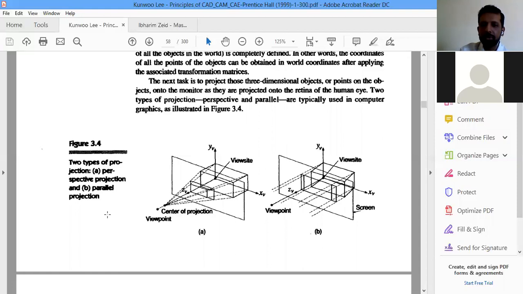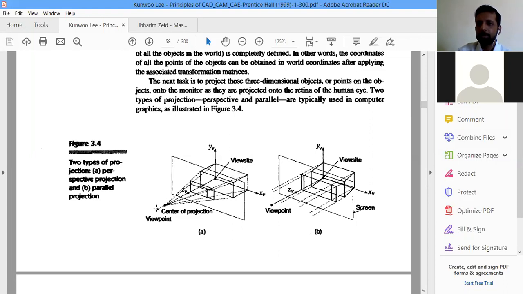When we come to the perspective projection, what is there? One is the view site, that is the origin of the world coordinate system from where the object is to be present. The other one is the viewpoint.